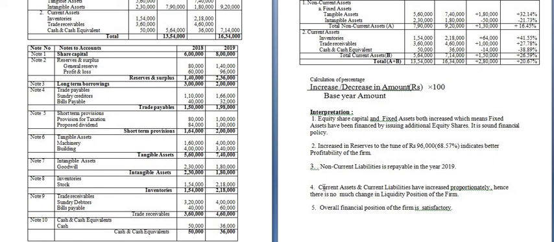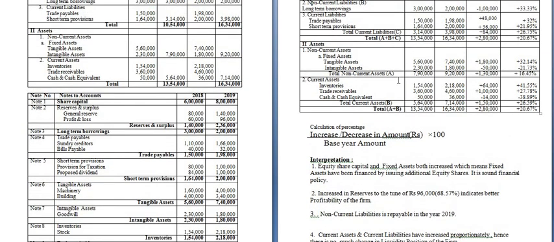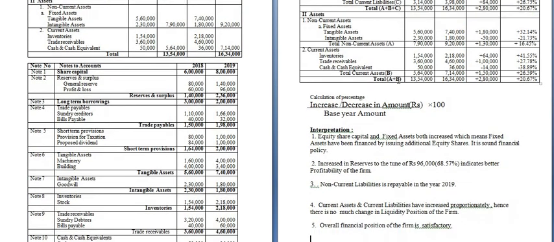Okay, and the fourth one is current assets and current liabilities. Here you can check that there are no big changes in current liabilities as well as current assets. Proportionately they are increased, which means that the liquidity position remains the same.